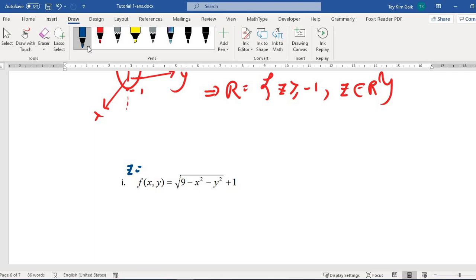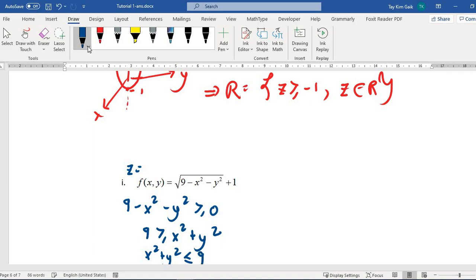For the square root function, 9 minus x squared minus y squared must be greater than or equal to 0. That's why I have 9 greater than or equal to x squared plus y squared, or x squared plus y squared less than or equal to 9.